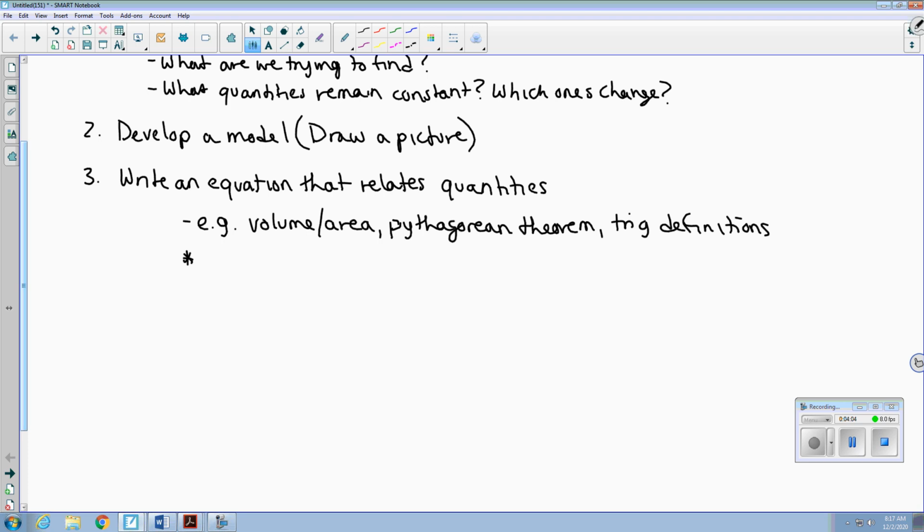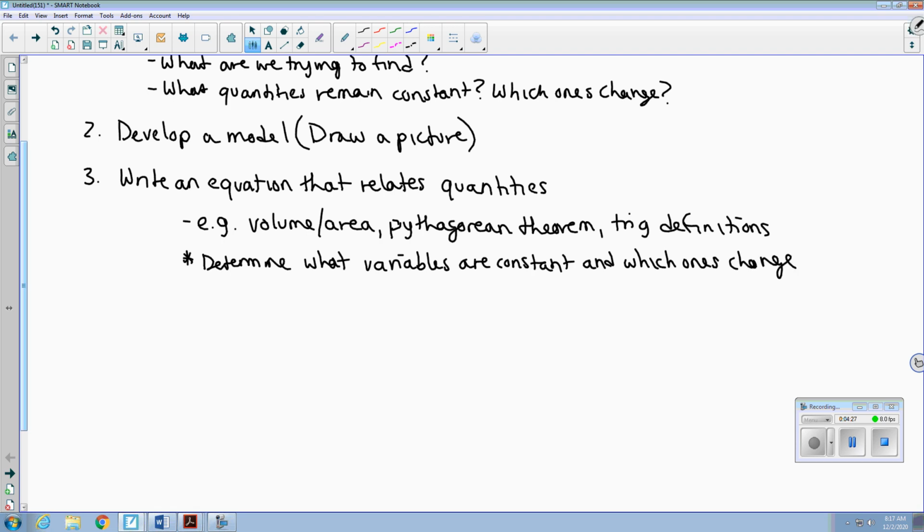Let's say determine at this point what variables remain constant and which ones change. And we should have already analyzed that in our first step.